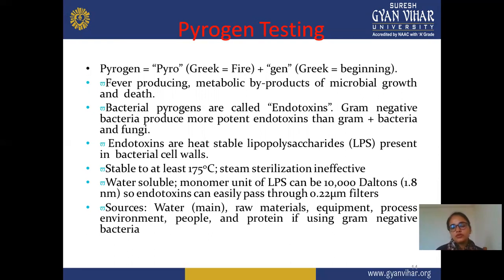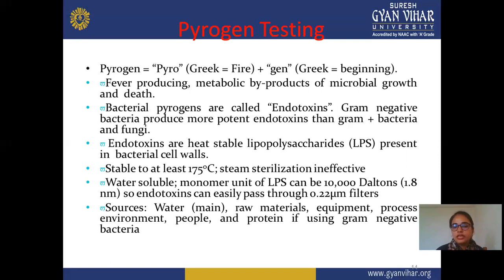And these bacterial pyrogens are called endotoxin. This pyrogen is also known as endotoxin, and gram-negative bacteria produce more potent endotoxin than gram-positive bacteria and fungi. It means if pyrogen is in gram-negative bacteria, then it is very dangerous and shows a more toxic effect than endotoxin present in gram-positive bacteria and fungi.